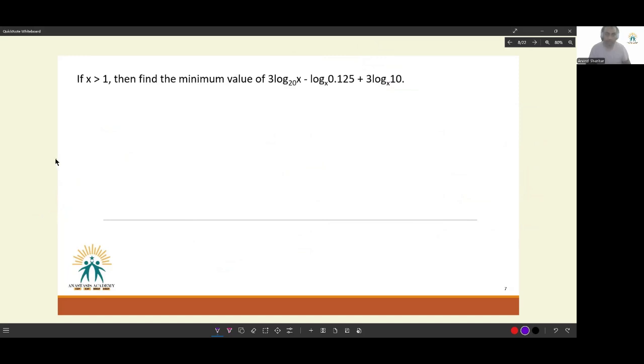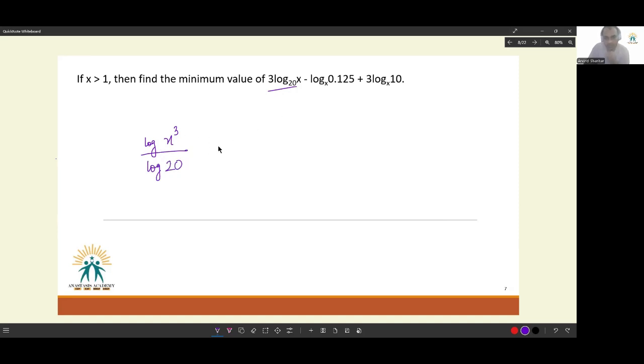Next. If x is greater than 1, find the minimum value of this. Minimum value has been asked. Okay. So I have log x cube by log 20.